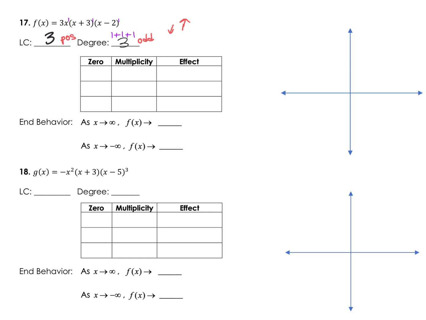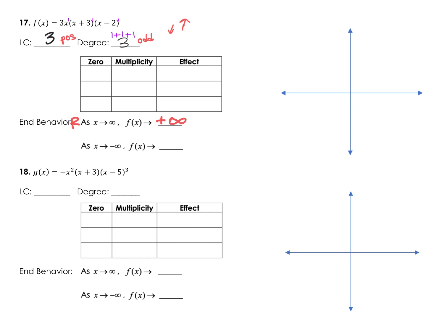Now let's do end behavior. If you're confused when I have x arrow, look at the number line on the wall: on the right side it says positive infinity, on the left side it says negative infinity. So if I say as x goes to positive infinity, I'm saying as it goes to the right, it's going up, to positive infinity.